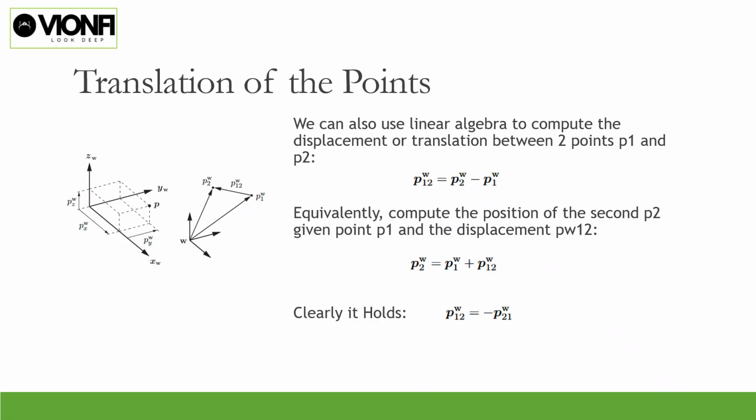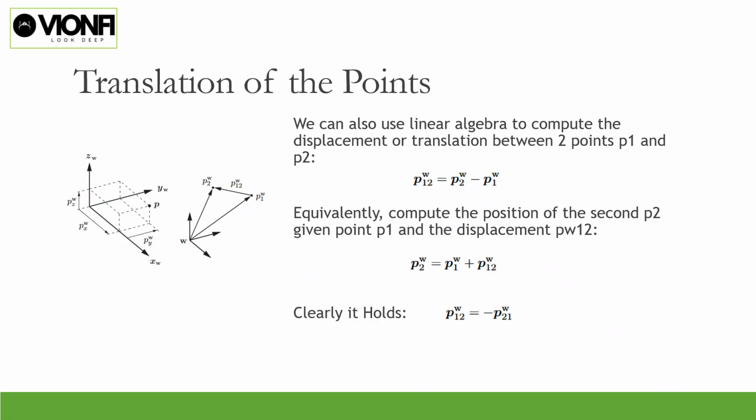So now, how will you find the distance? Estimate the distance between point one and point two. Well, that is simplified by simple subtraction of the vectors. So vector subtraction is used between point one and point two to estimate the translation of the points.